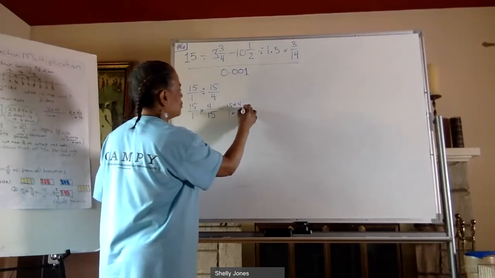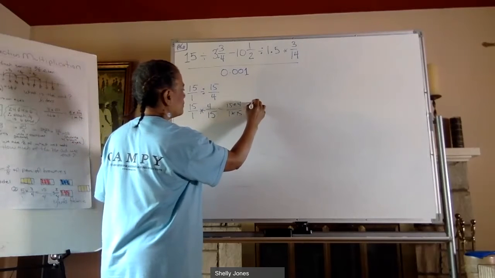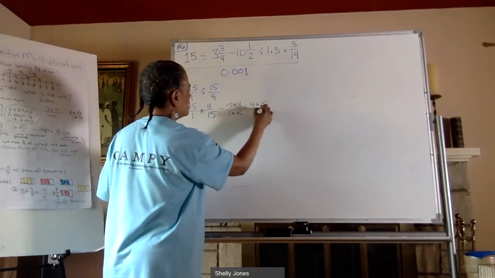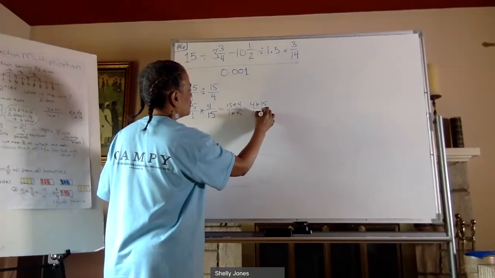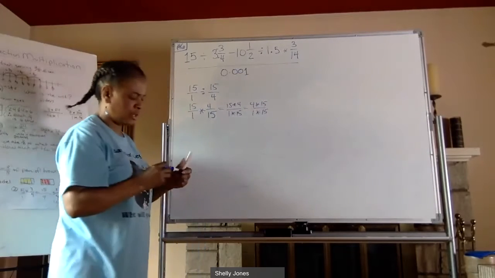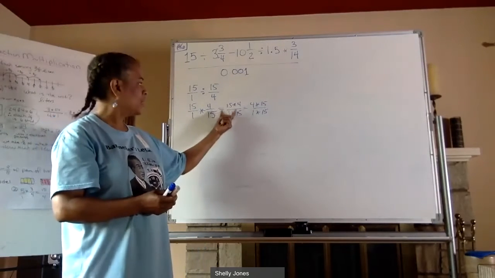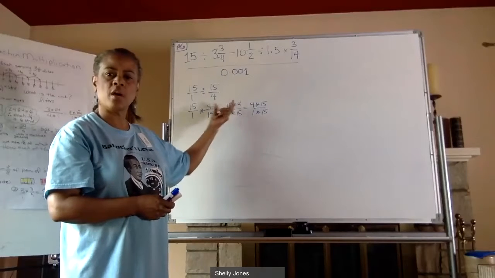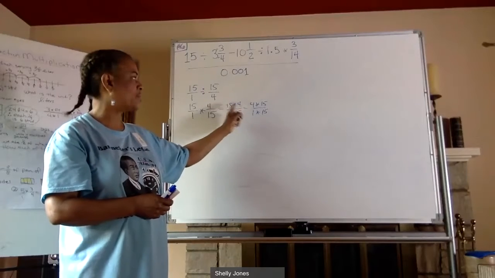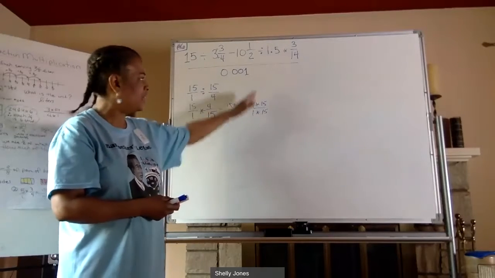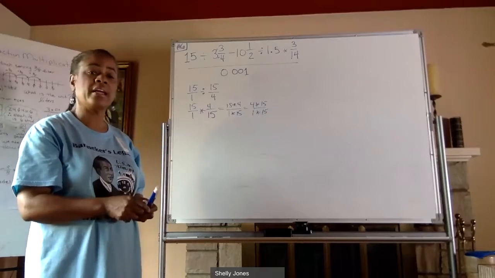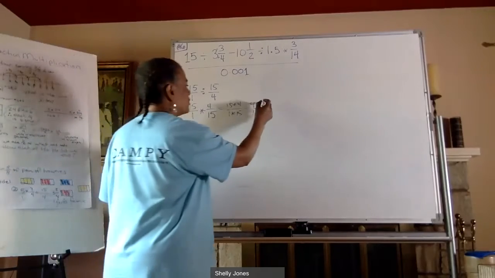But I could even do this, 4 times 15 and 1 times 15. So I use the commutative property because of 15 times 4, I can change the order and write it as 4 times 15. And then here you can see that I can cancel out that common factor of 15.